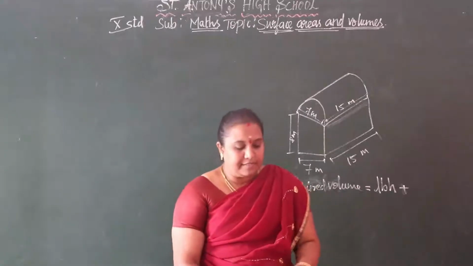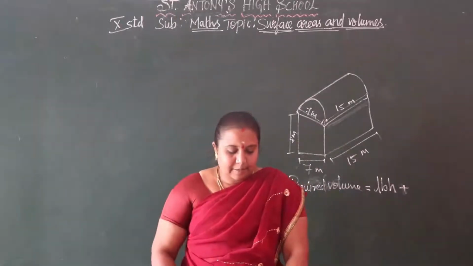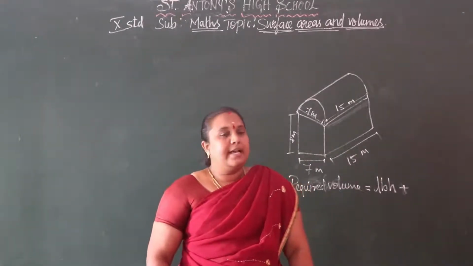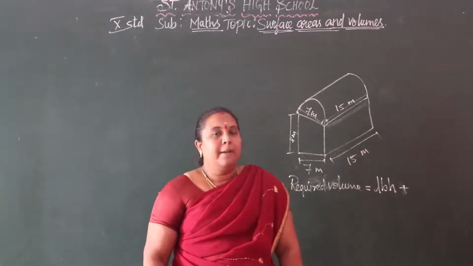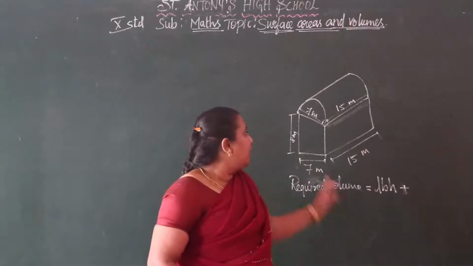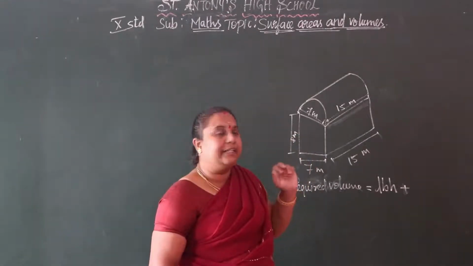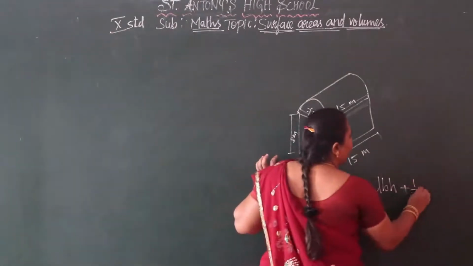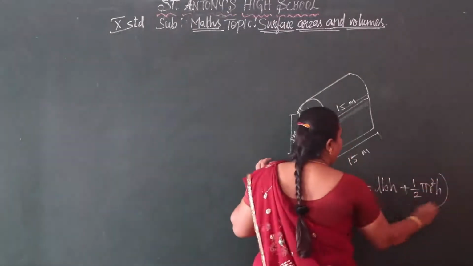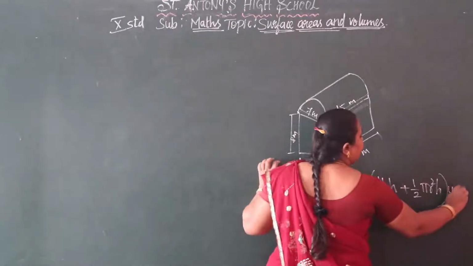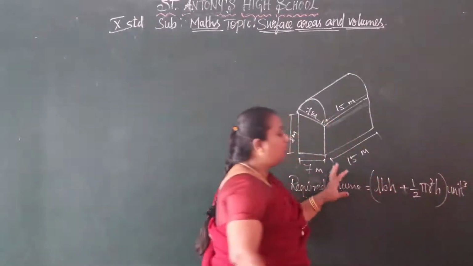What is the formula for the volume of a cylinder? Pi r square h. Here we want half of the cylinder, so half into pi r square h unit cube.